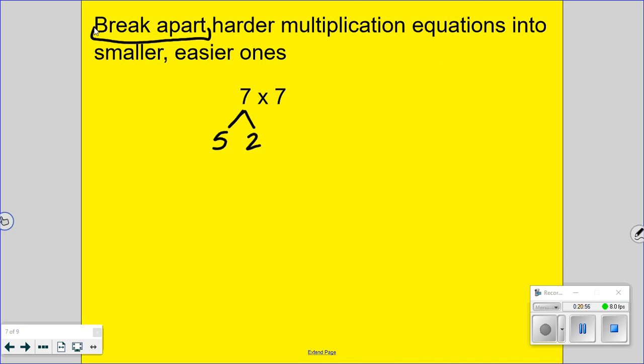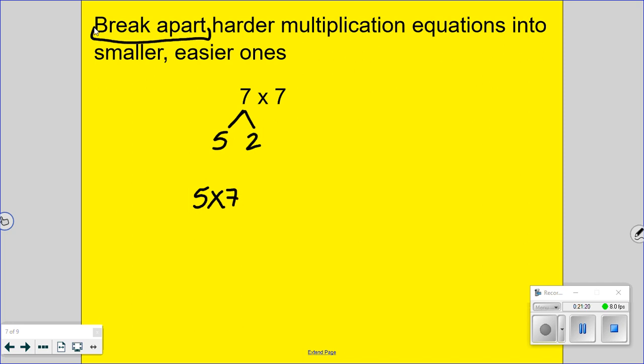I like breaking 7 into 5s and 2s because I'm so good at 5s and 2s. Give me a 2 signal if you're good at 5s and 2s. Absolutely. So now, instead of 7 groups of 7, I have 5 groups of 7. Let's write that down. 5 groups of 7.